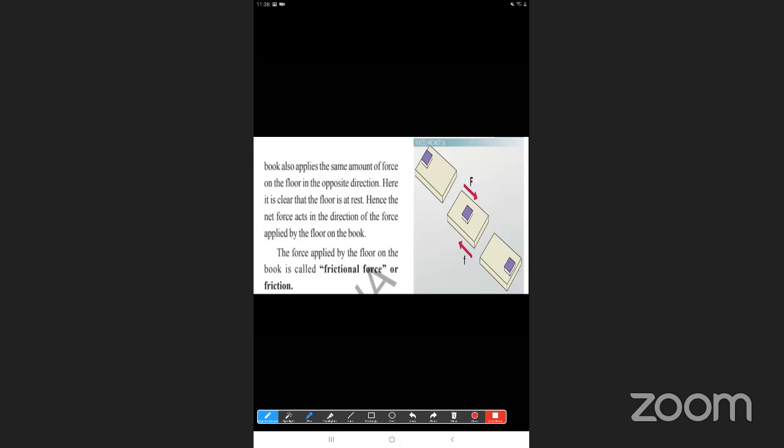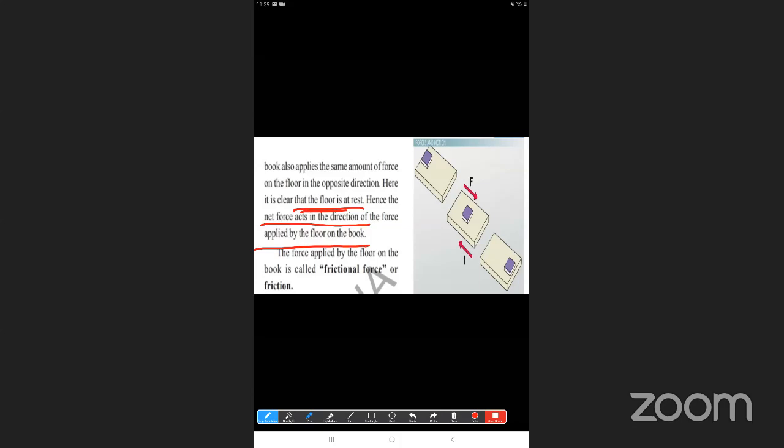So here, these two forces are in opposite directions. From this we can say that this floor is at rest. Hence, the net force acts in the direction of the force applied by the floor on the book.